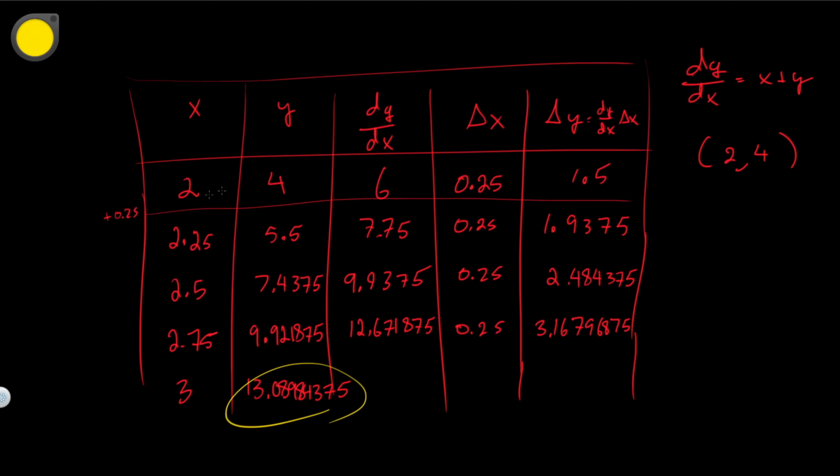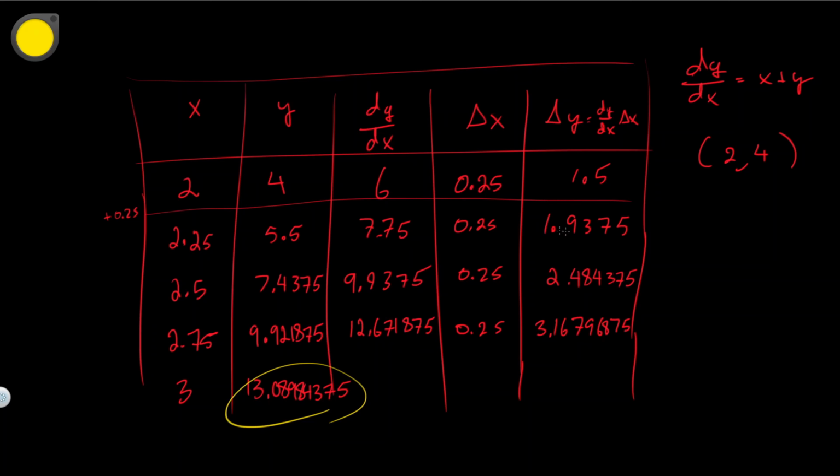All right, so we started at 2, 4. Plugging that into our differential equation that relates the derivative with the values, we got 6 as our slope. Our increment was 0.25. That was chosen. And that caused an increase in the y by 1.5. Those two numbers, delta x and delta y, gave us these two numbers. And then these two numbers gave us our slope. Our increment was chosen.